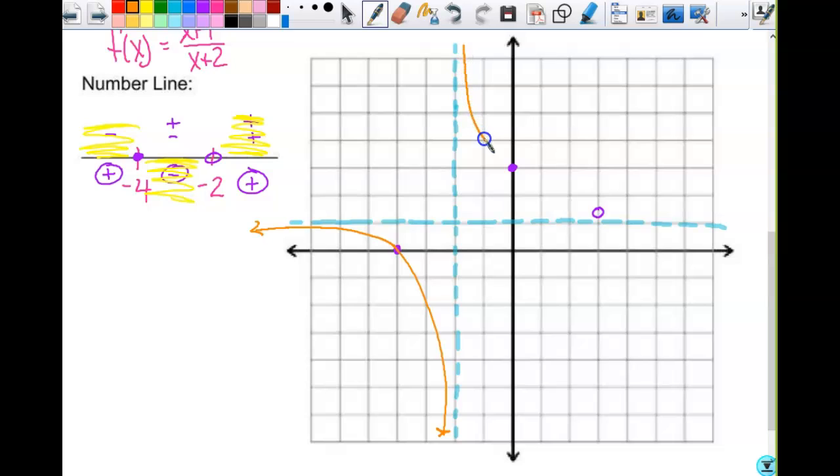So this comes down like so. I don't draw through the hole. It looks like this. So it still has the same basic shape as the reciprocal, but that's not always going to happen either. Okay? And I didn't have to find any extra points on this because those were enough to let me know kind of how close I got and what my shape was.